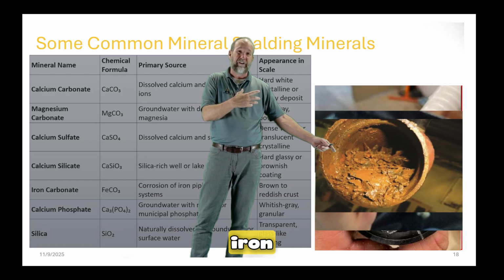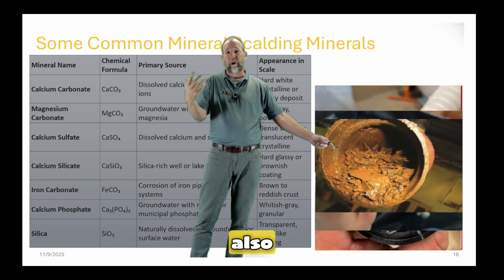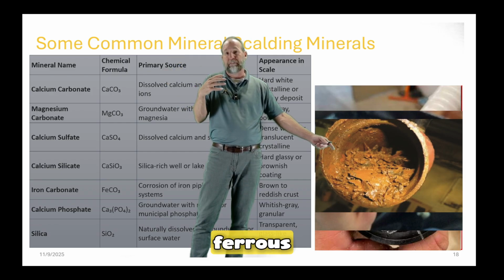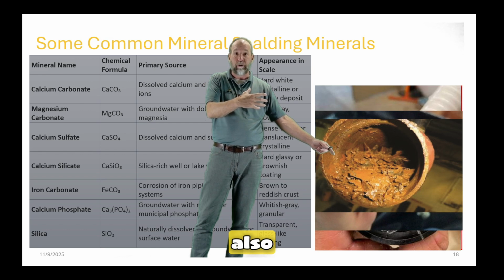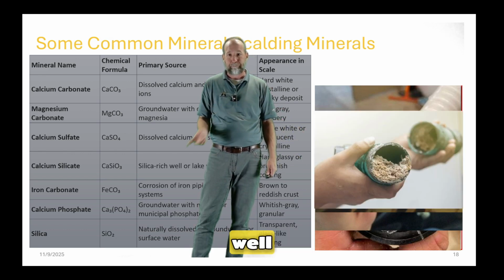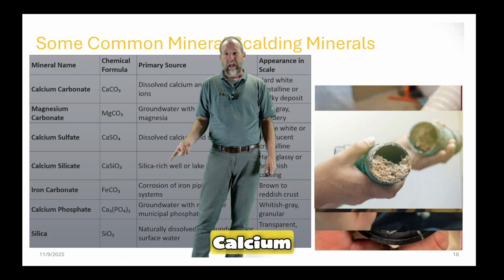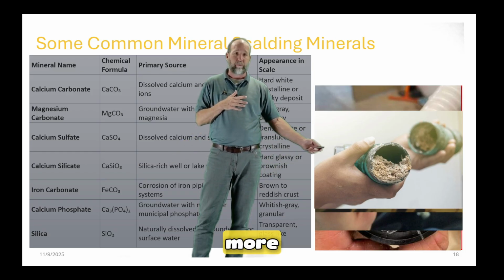So this is iron in the water that's precipitating, but also you can have iron that corrodes off of a ferrous metal within your system that gets into the water that then also precipitates out as well. Then we have calcium phosphate. It looks a little more like that.